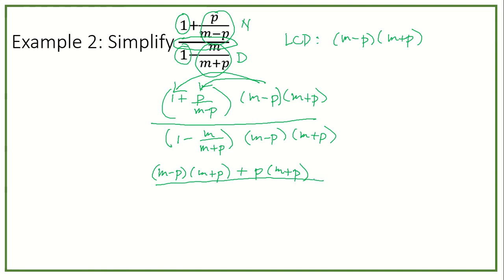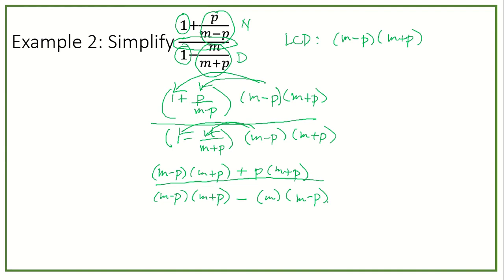Then, sa denominator, okay, pareho din. Yung LCD, i-multiply natin sa 1. So, that would be m minus p times the quantity of m plus p. Then, i-multiply natin sa second term, or sa rational expression dito. So, that's minus. Makakancel out yung m plus p. So, yung matitira na lang, m times m minus p.